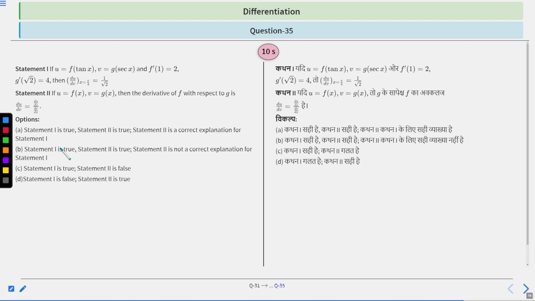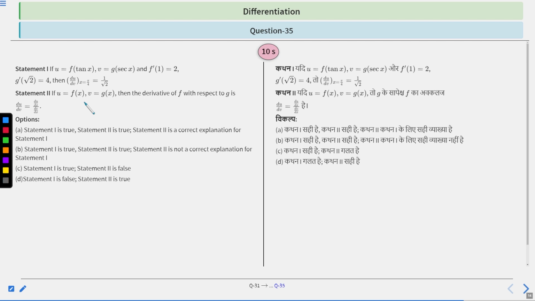The hint of this question is, first we will go with statement 1. So u is given as a function of 10x, v is given as a function of sec x, right? And we have to find du by dv, right? So first find du by dx, then find dv by dx, then divide du by dx upon dv by dx to get du by dv, and put x equal to pi by 4, right?